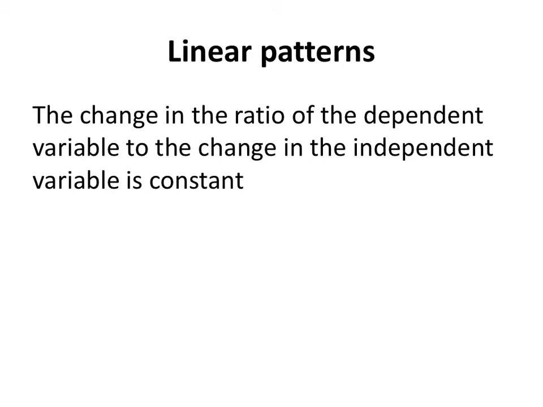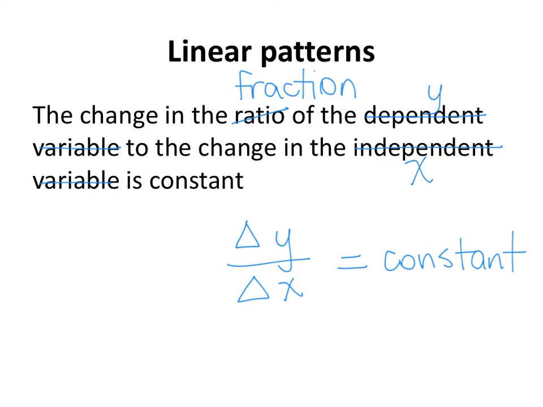The formal way to talk about linear patterns is to say that the change in the ratio, or the fraction, of the dependent variable, or the y data, to the change in the independent variable, which is the same thing as the x data, is constant. So if we put this all together, for a linear pattern, what we see is that the change in y divided by the change in x should always be constant.